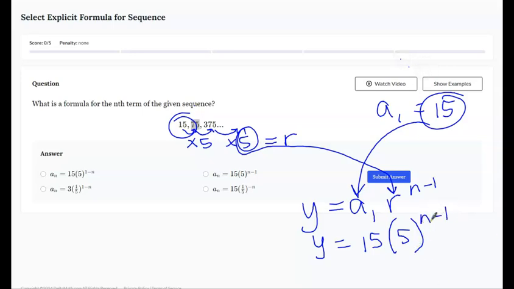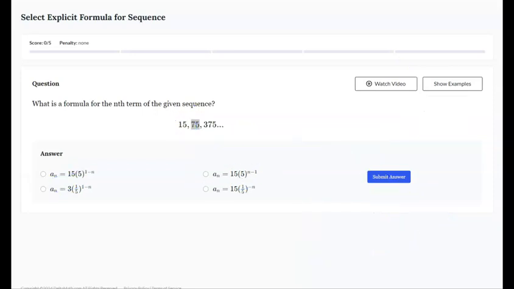And then my n minus 1 will help me to find the answer in any position. So I look at my options. The initial value is 15, so this one is out. My common ratio is 5, so this one is out. And then don't forget the exponent is n minus 1, so this one is out. So we have found the explicit formula for this function.